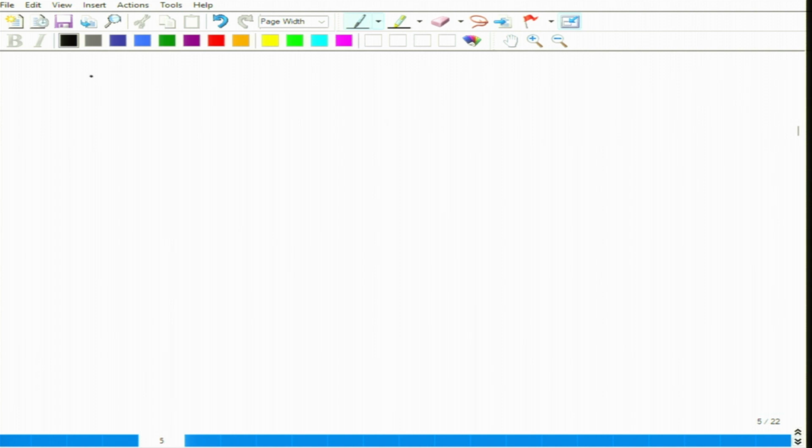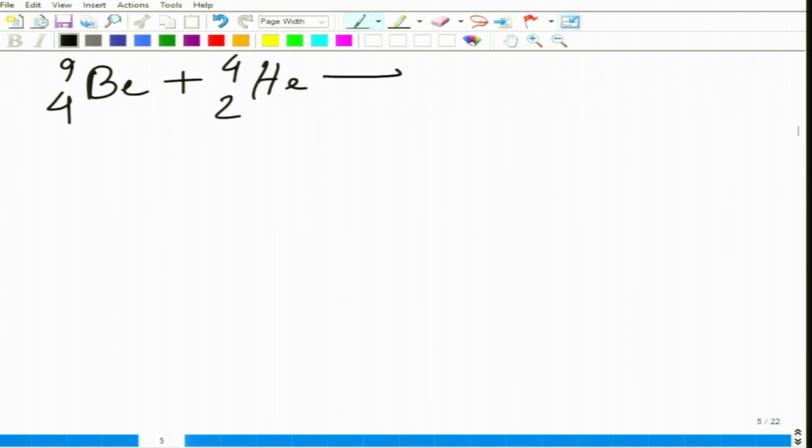So, neutrons were discovered by the bombardment of beryllium sheets with alpha particles. As a result, we got a carbon atom and another particle.